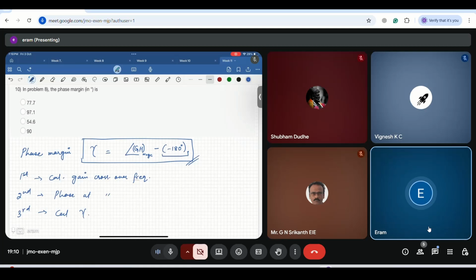Gain crossover frequency we have already calculated in our previous question. And how much was that? 0.65, ma'am. So omega GC was 0.65.